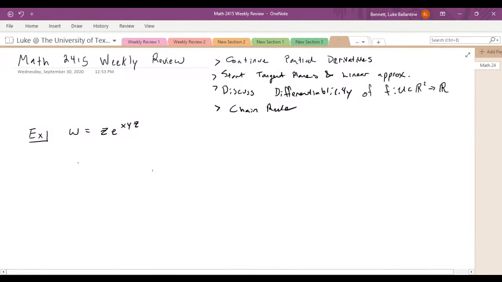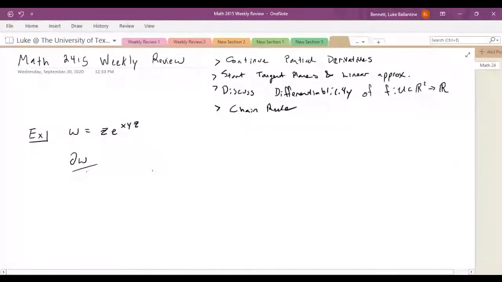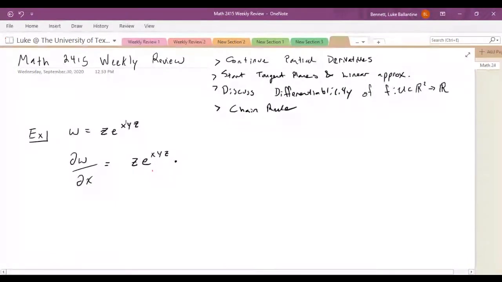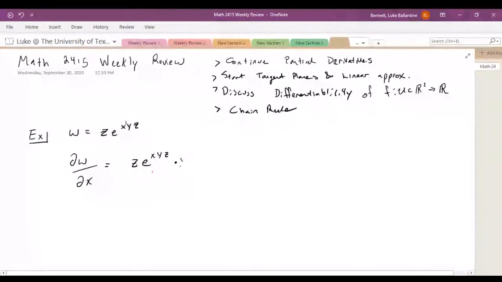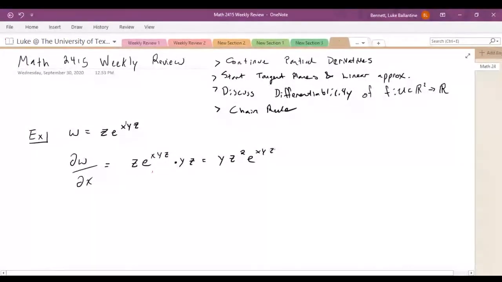So if we want to calculate all the partials, but specifically the partial of w with respect to x, this is just going to be z, because that's a constant with respect to x. And then we copy, and then the derivative of the inside, well, this is x to the first, so we just have a yz. So this is yz squared e to the xyz.